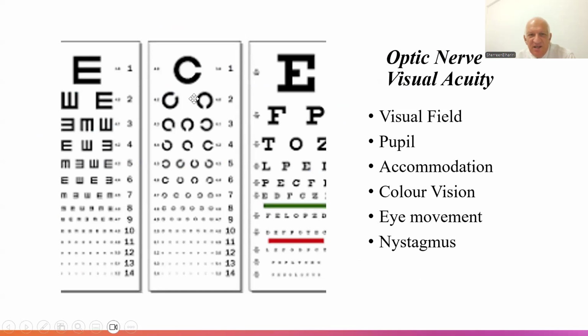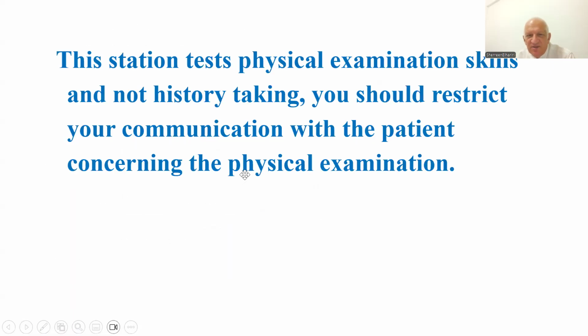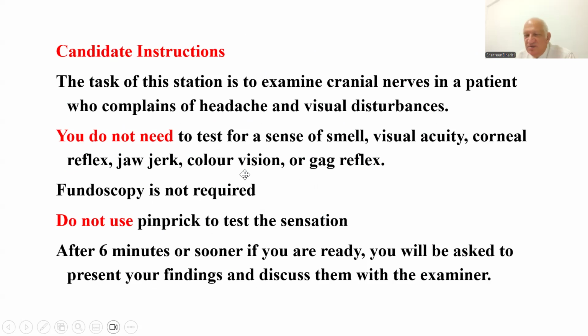It is E, it is C, whatever, but you don't go through all the lines, because we don't need to make glasses or measure the visual acuity, just to see that this patient can see. Of course, don't touch the cornea, no need for jaw reflex, no need for color vision, no need for gag reflex.